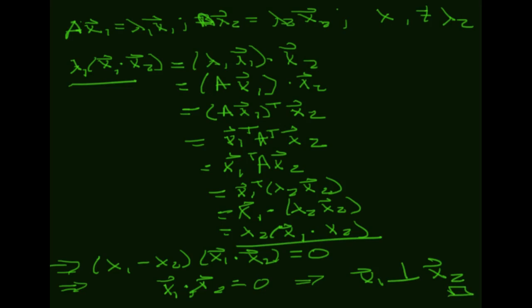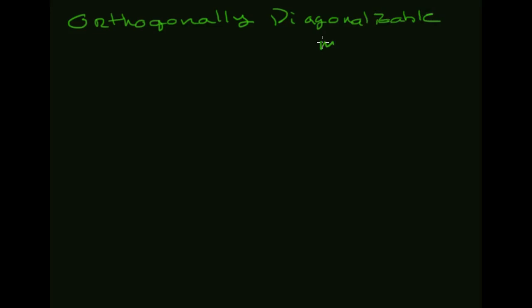Alright, so we're going to take this one small step further. We're going to get what's called orthogonally diagonalizable matrices. What are those?